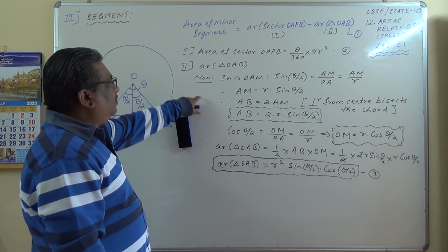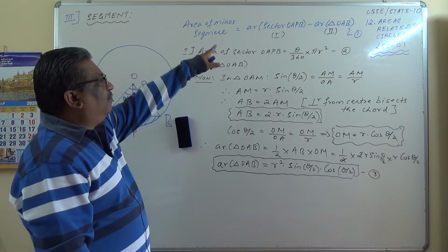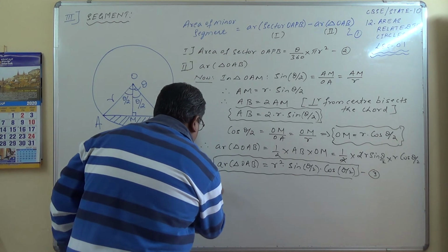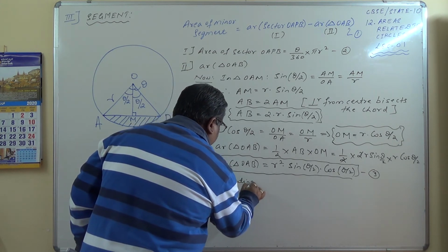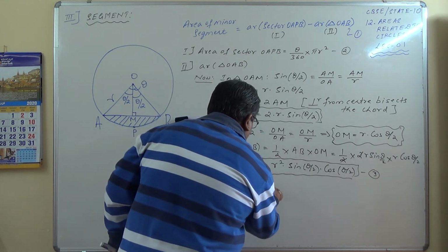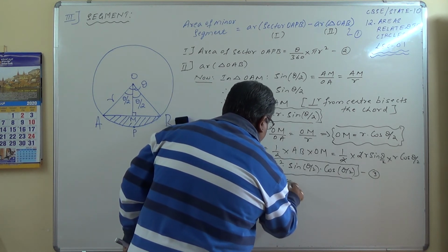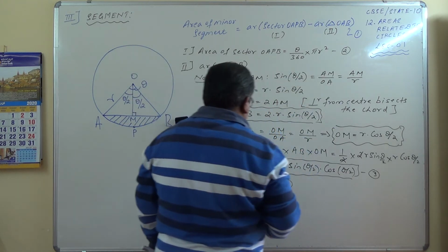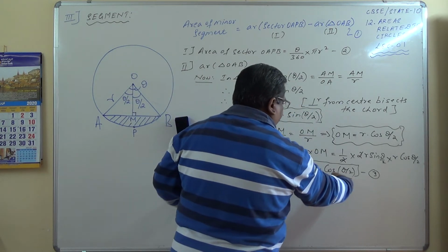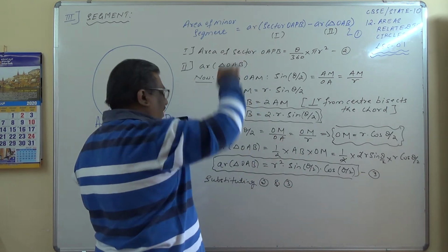So substituting the values of 2 and 3 in 1, we get, check now, the area of the minor segment APB. 2 is the area of the sector OAPB, and 3 is the area of the triangle, in equation 1.